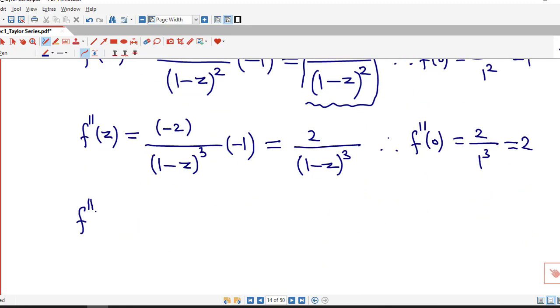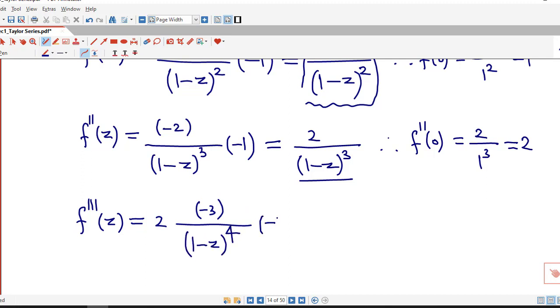Then we calculate the third derivative. The third derivative of f of z is the derivative of this, with 2 constant. The derivative of 1 over 1 minus z cube is minus 3 over 1 minus z raised to 4 into the derivative of 1 minus z, which is minus 1. So this is going to be 2 into 3, that is 6, divided by 1 minus z raised to 4.